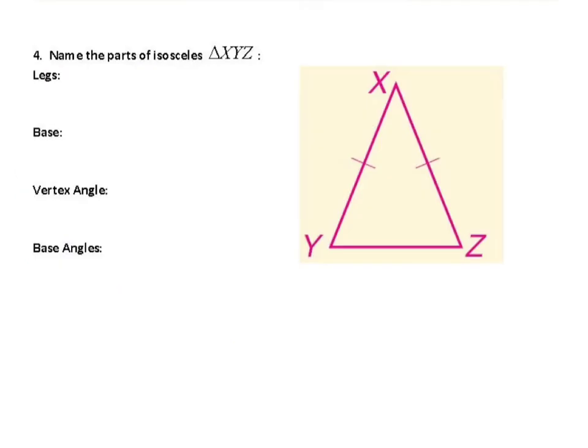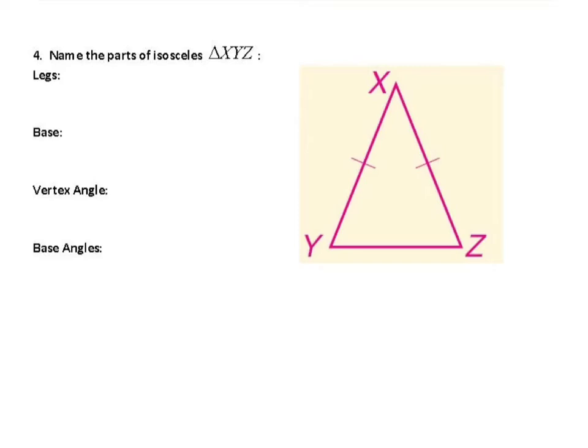Now let's consider the components for this given isosceles triangle X, Y, Z. Now in this diagram, it's indicated that the length of XY is congruent to the length of XZ. So we actually call the sides that are equal to each other in an isosceles triangle the legs.